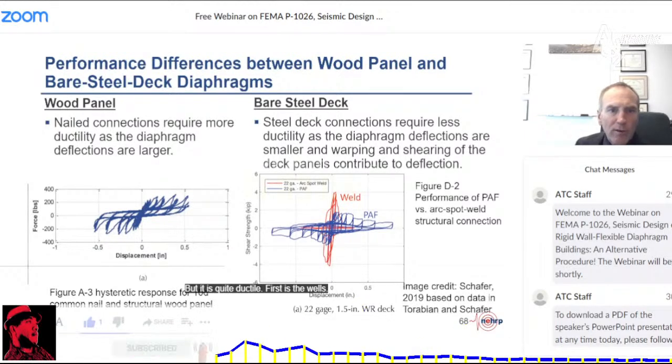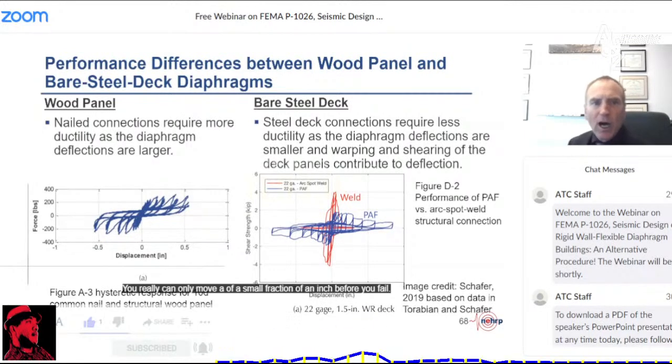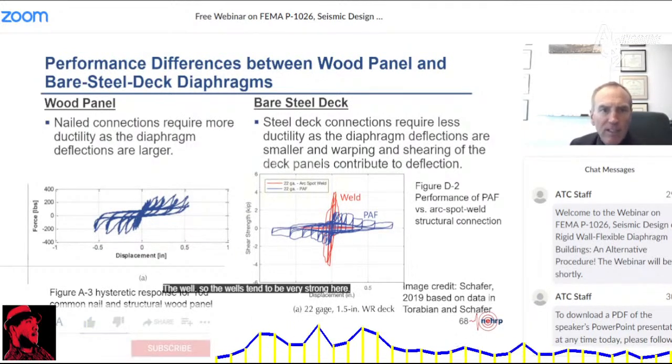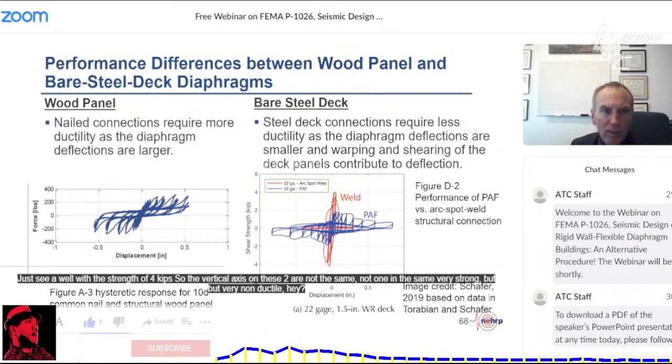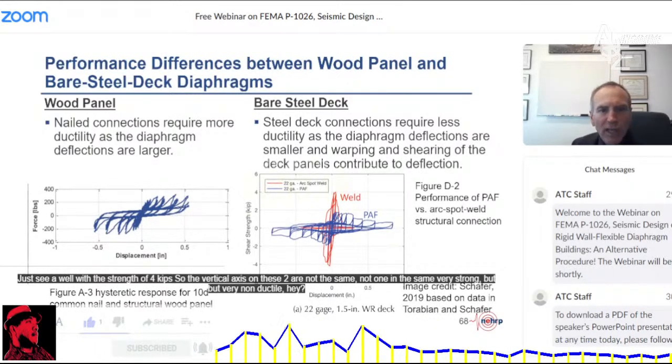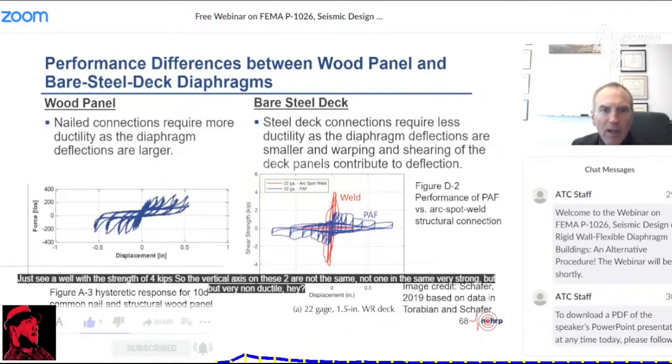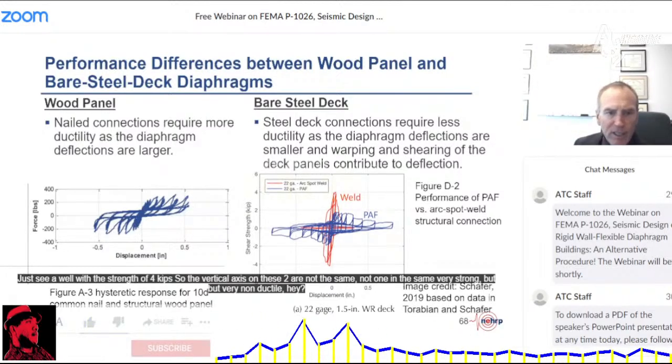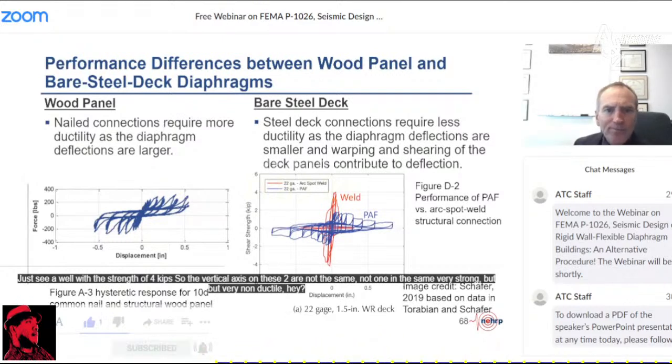You really can only move a small fraction of an inch before you fail the weld. So the welds tend to be very strong. Here you see a weld with a strength of 4 kips. The vertical axes on these two are not the same. Very strong, but very non-ductile.